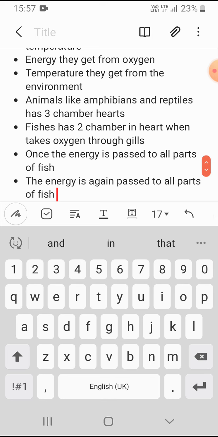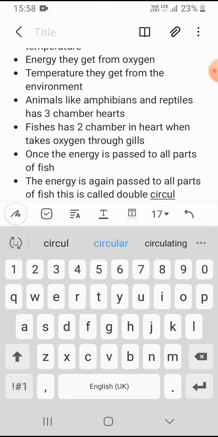This process is called double circulation. Two times supply of energy. Double circulation it is called.